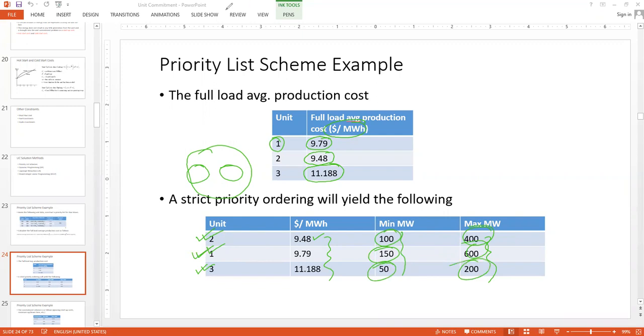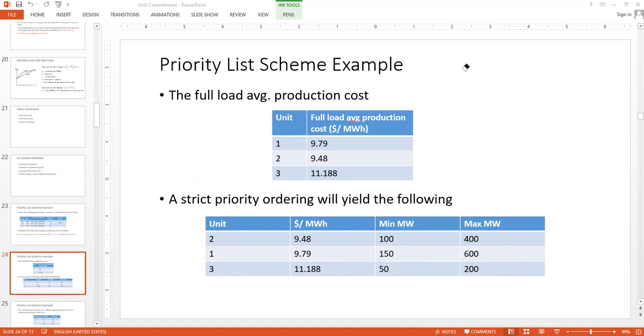Now, how is this list actually going to help us in solving the problem? What the priority list means is, let's say you have these 3 units. There is a possibility that we go for all the combinations available among the units, so we can have all the units on.